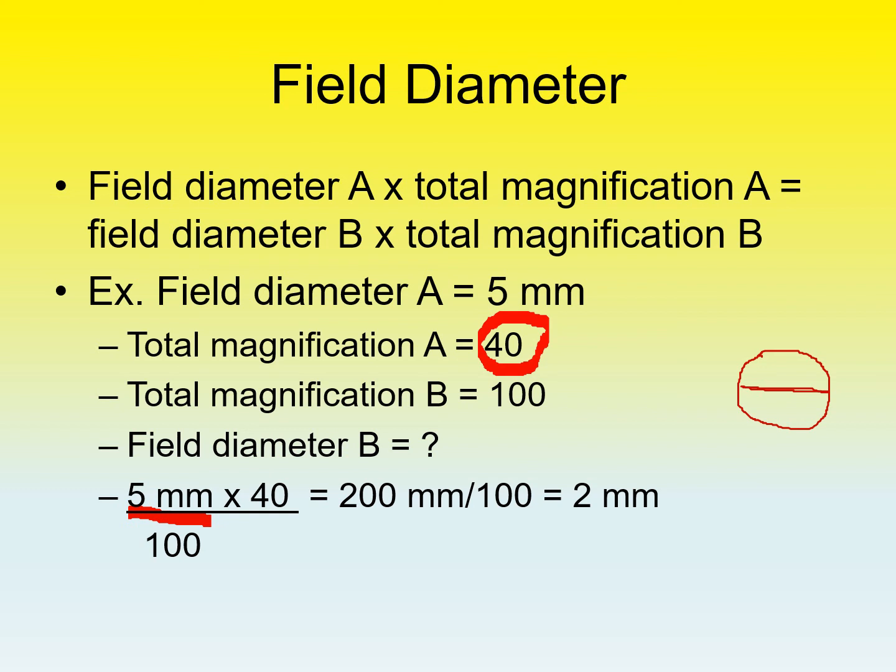You divide it by the total magnification for the one that you're wanting to figure out what the field diameter is. So you go 5 times 40 is 200, divide it by 100, and that gives you 2 millimeters. So that means at this higher magnification, the field diameter is smaller. And that's exactly what happens.